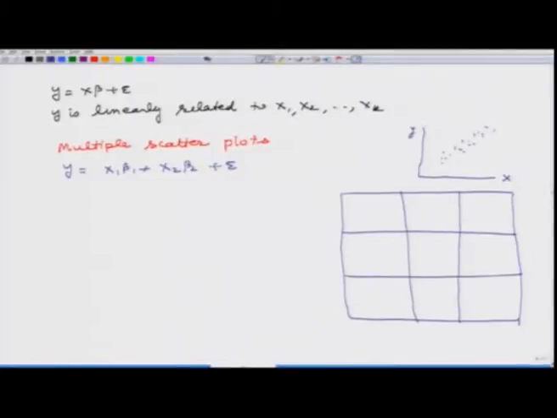This will be a sort of 3 by 3 diagram in which we plot y, x1, x2 here and y, x1, x2 here.